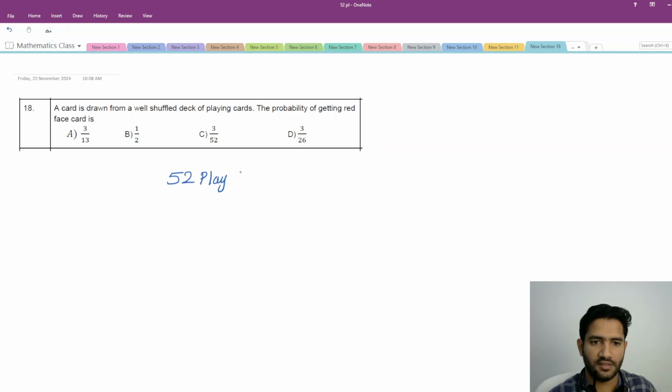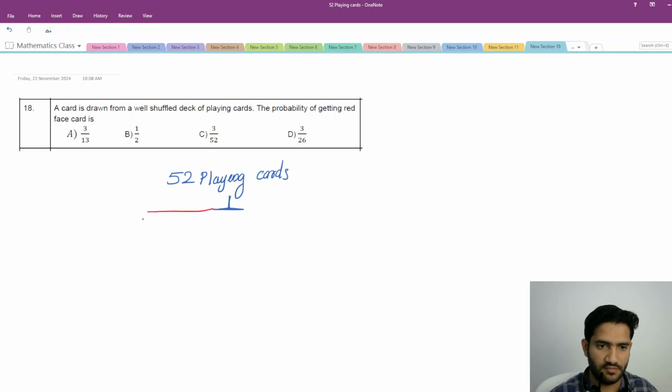These 52 cards are divided into two colors. First, red color: we have 26 cards in red color.